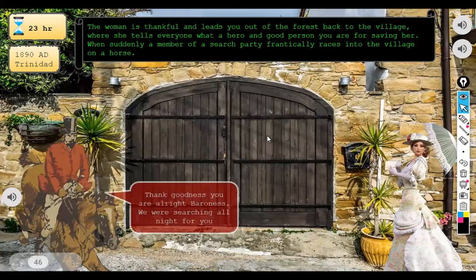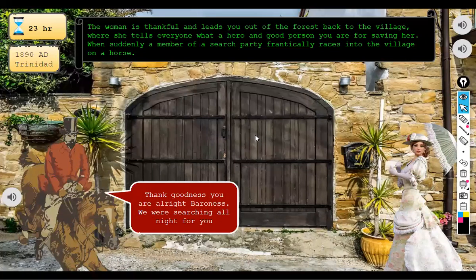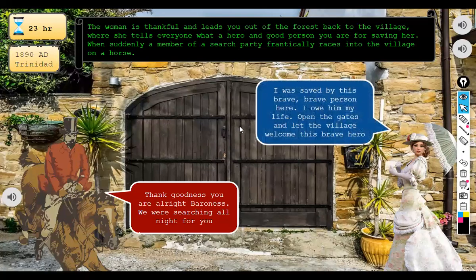Man on a horse here to hear what he has to say. Right, so she turns out to be the Baroness of the, I'm not sure if I pronounced that word correct. So they were out on a search party looking for her, right? Well, it seems you're getting a lot of big up here from this lady, that you're this brave hero, right? Right. So she tells them to open the gates and you all go into the fort.